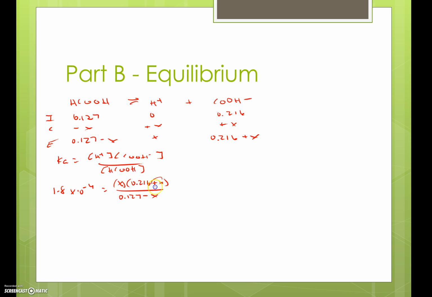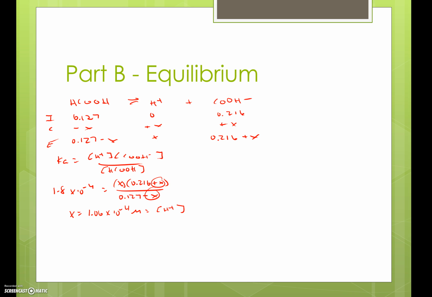We'll assume that these X's are insignificant to make our math a little easier. X will equal 1.06 times 10 to the minus 4, and that's the concentration of our hydrogen ion.